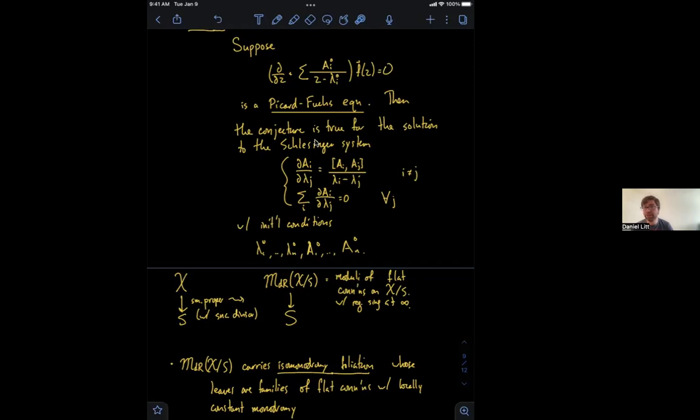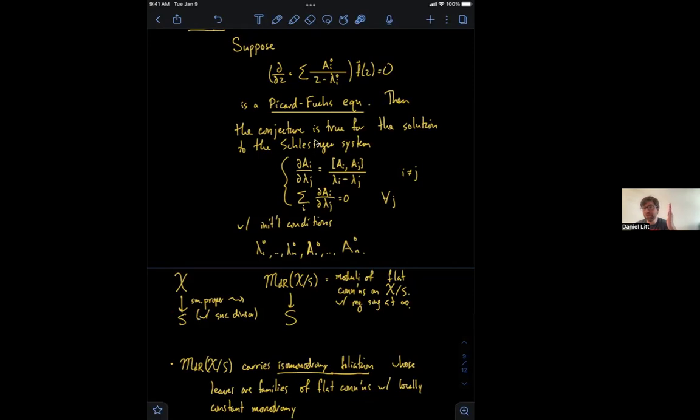I'm not going to give you a description of it, but I'll give you a description of the leaves of the foliation. The leaves of this foliation are families of flat connections whose monodromy is locally constant. So what do I mean by that? Here you have a family of algebraic varieties. If you take two nearby fibers, they're homotopy equivalent to each other by Ehresmann's theorem.